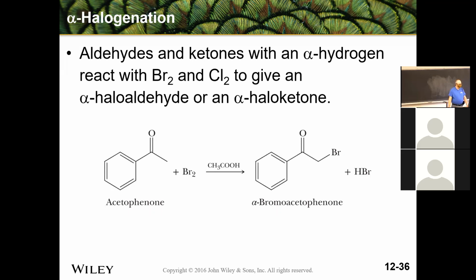Aldehydes and ketones that have alpha hydrogens can react with bromine and chlorine to give an alpha haloaldehyde or an alpha halo ketone.